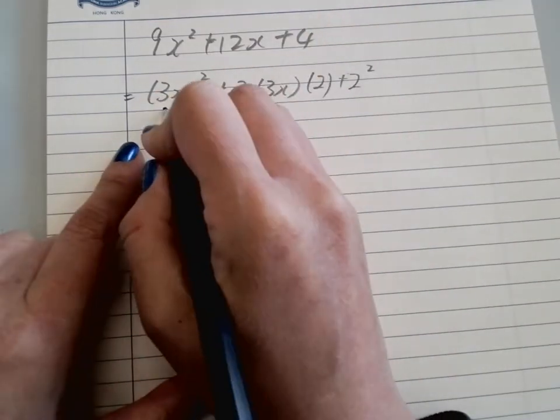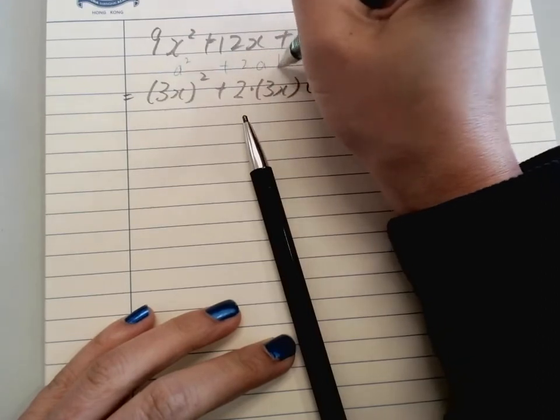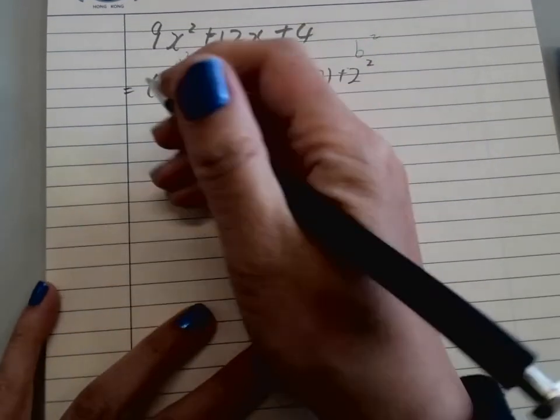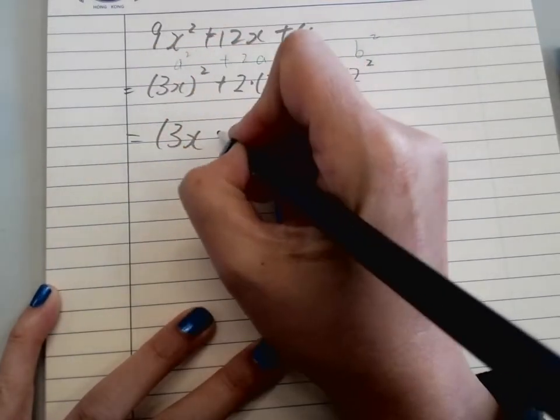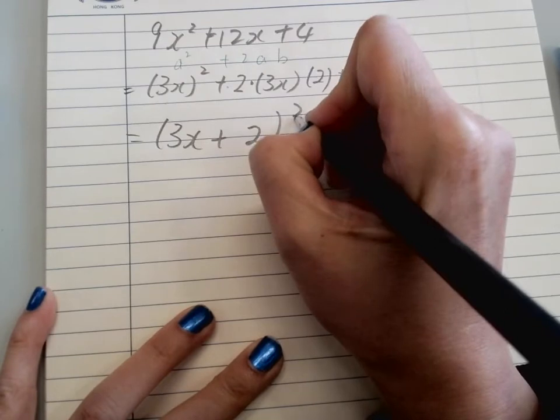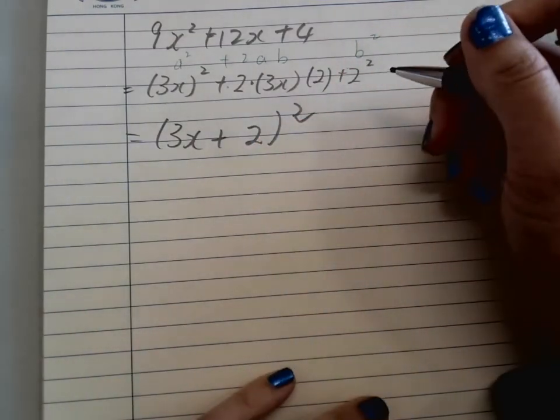Now we can have the a squared plus 2ab plus b squared hidden here. And so we can have our 3x and 2. The middle one is plus, so we add them up. It's just that easy with the factorization.